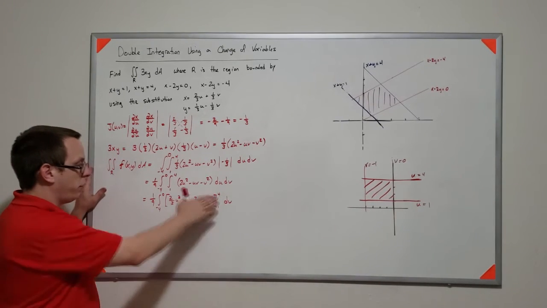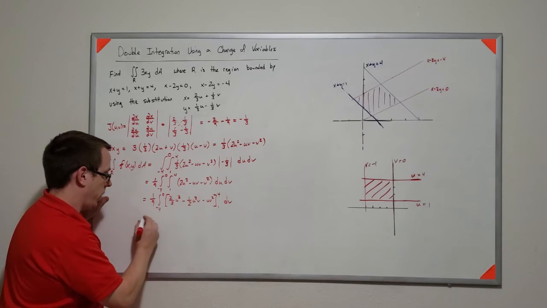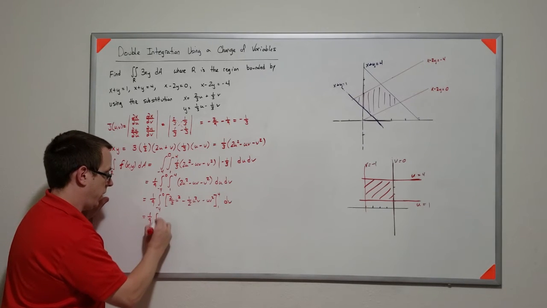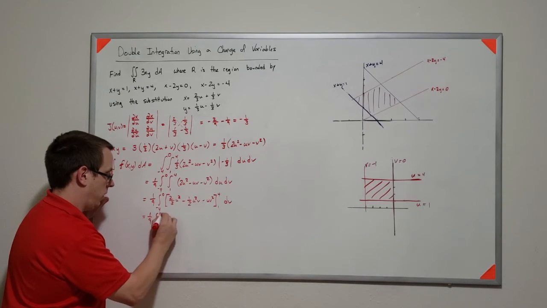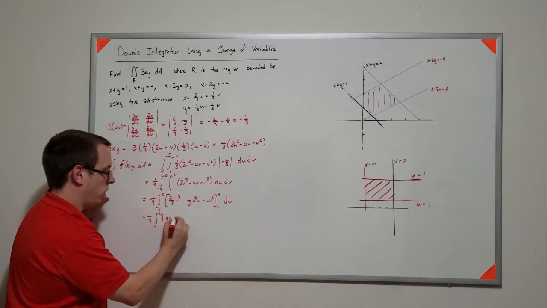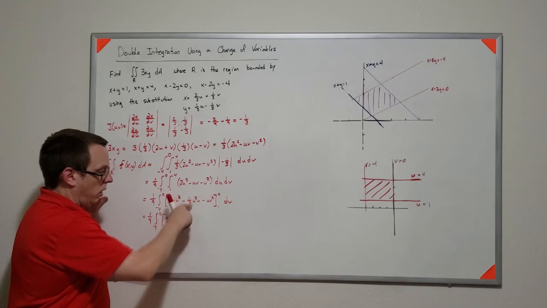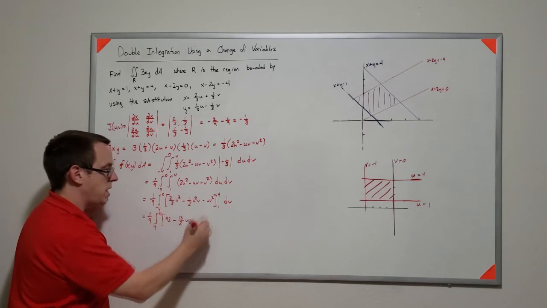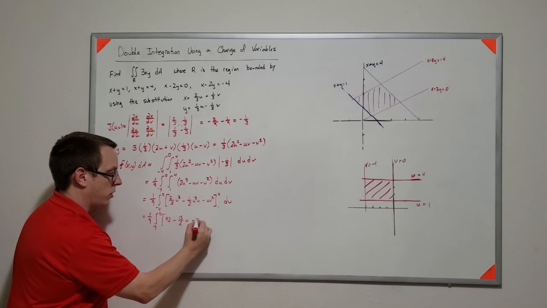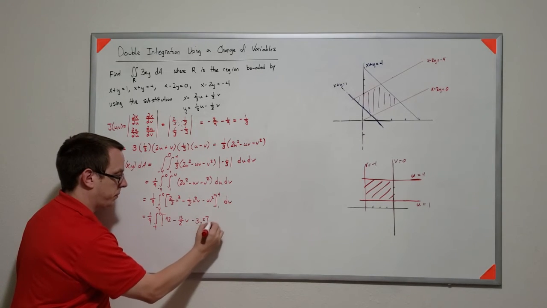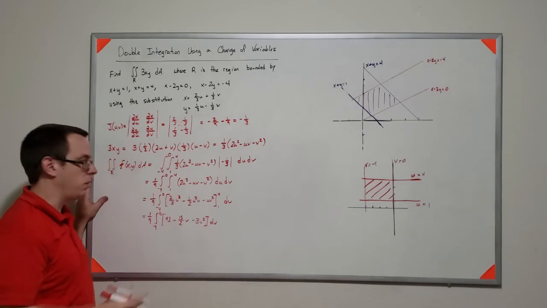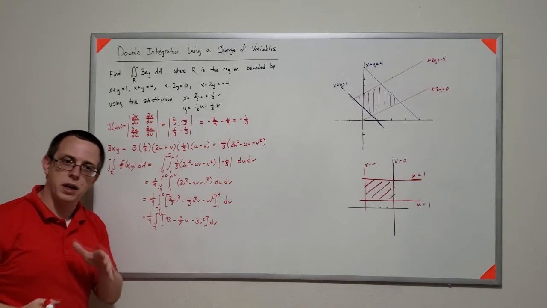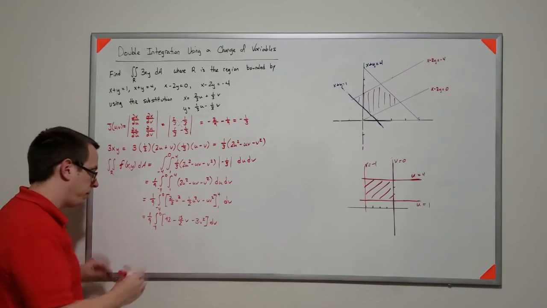And so we're going to plug in a 4, and then we're going to plug in a 1, and what you're going to find is 42 minus 15 halves v minus 3v squared dv. Feel free to plug that in and verify that, but that's what you should get.